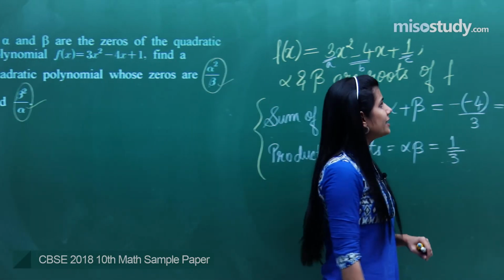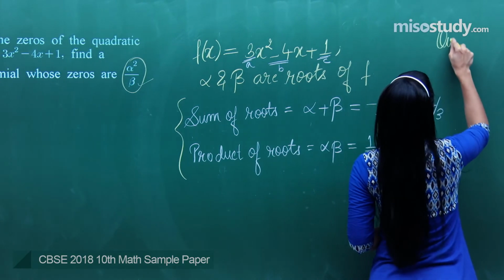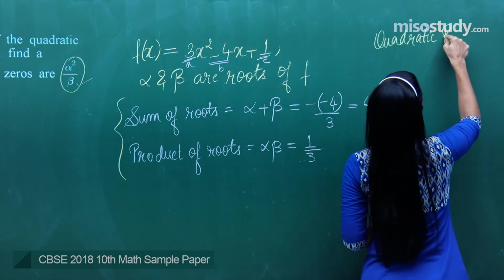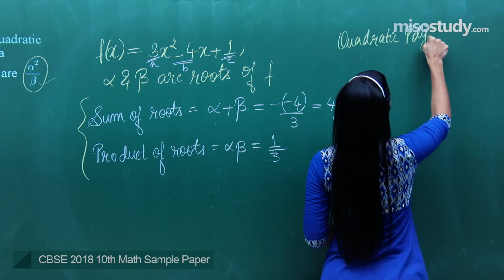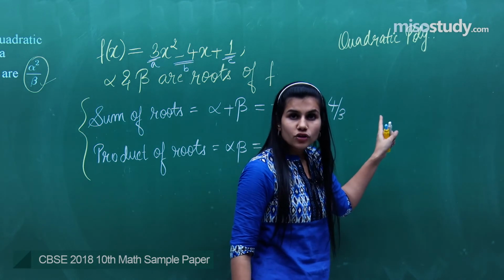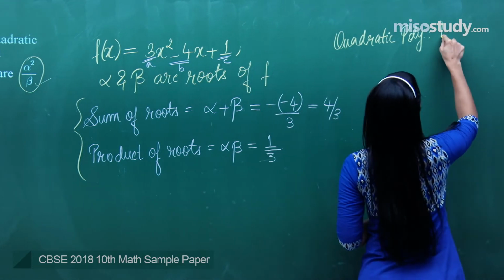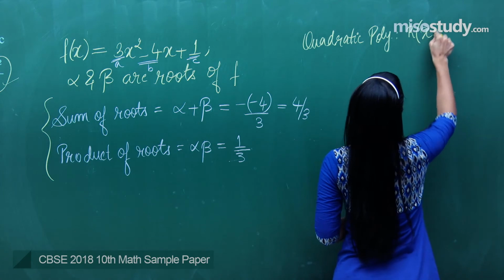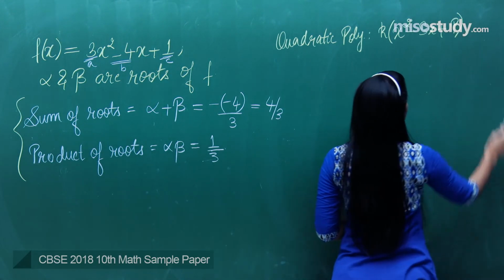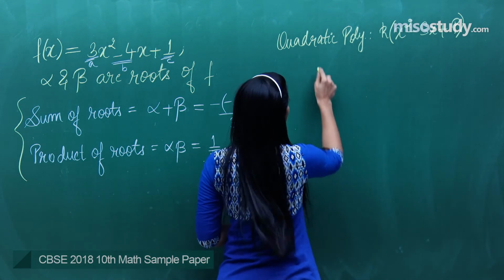Now you know that the general form of a quadratic polynomial looks like what? When you know the roots of a quadratic polynomial, the look of the quadratic polynomial is what? Some constant times x square minus sx plus p. Where what is your s?